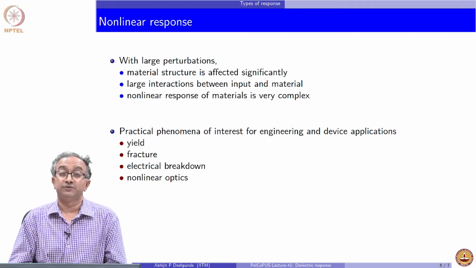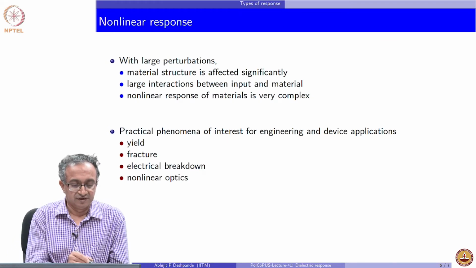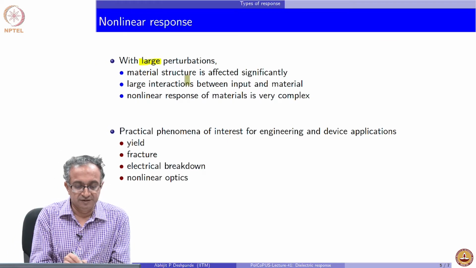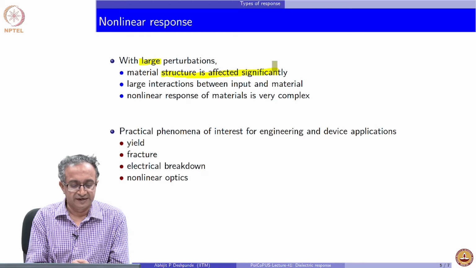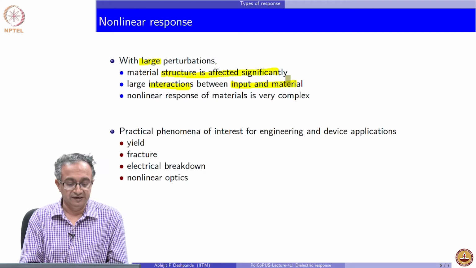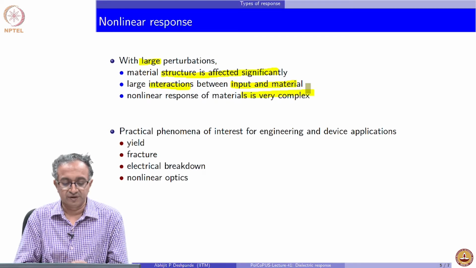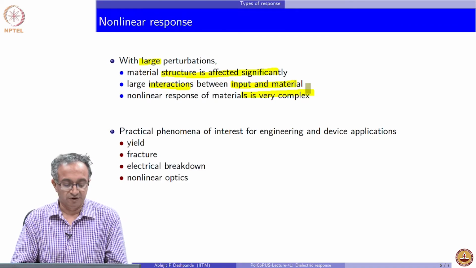So, nonlinear response, though, is practically very relevant. With large perturbation, material structure is affected significantly. There is a large interaction between input and the material, and therefore, the response is fairly complex.